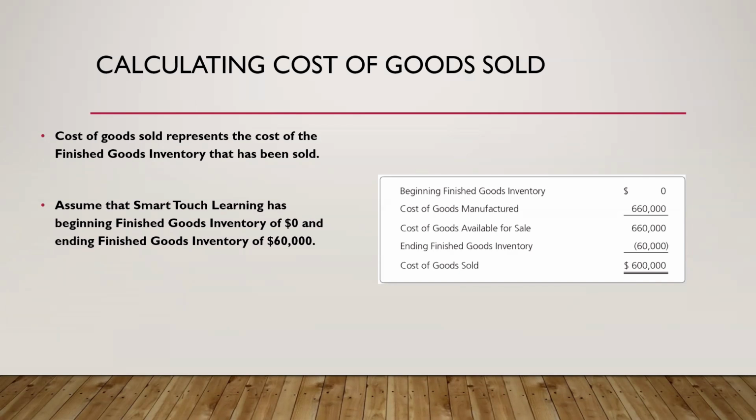Now, the company will calculate cost of goods sold by adding the beginning finished goods inventory, which is $0, to the cost of goods manufactured, which is $660,000, to get the cost of goods available for sale, which is $660,000. Then ending finished goods inventory, $60,000, is subtracted to obtain the cost of goods sold, which is $600,000.